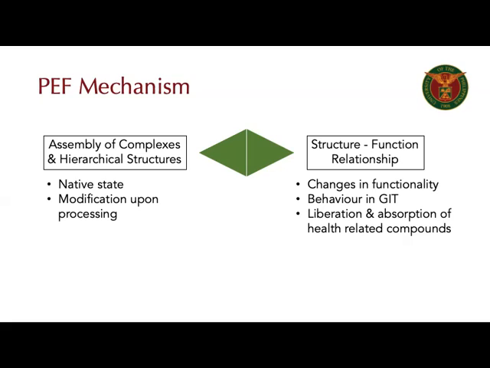So if there is any change in the structure of the material, for example because of PEF treatment, it may have a significant observable change on how the material functions or behaves. For example, there can be changes in how the material behaves in the GI tract, or the gastrointestinal tract, or changes in how the material releases certain compounds, okay?